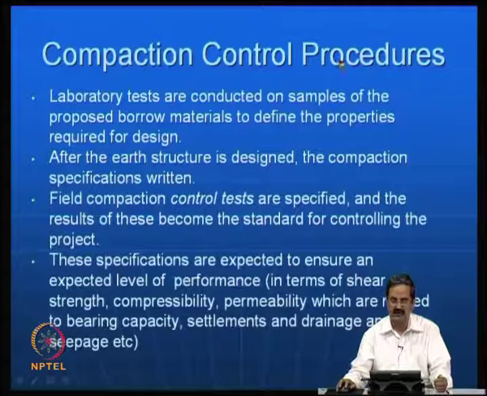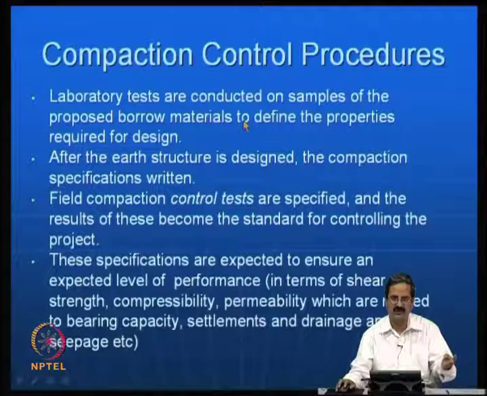So, the procedure that we follow is that we do laboratory tests on samples of proposed borrow materials to define properties required for design. Suppose you are constructing a highway between two places, you go to the nearby borrow materials. You need a lot of soil. First you should check the suitability of the subgrade, then you should have base layers.